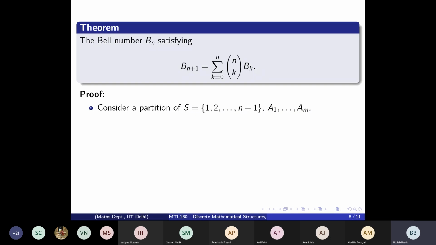So we take that set with n+1 elements and take a partition of this set, say A1, A2, ..., Am, for some m we don't know. We don't use that m. Just take a partition of that set.